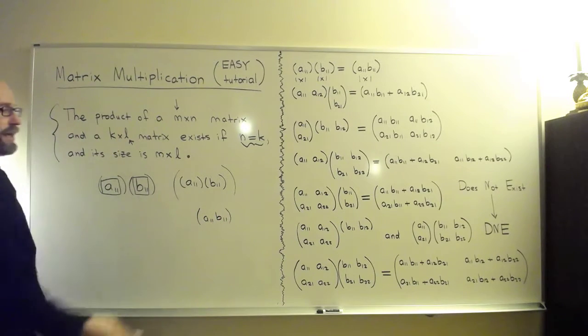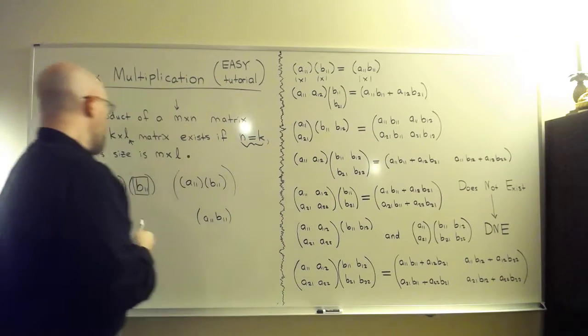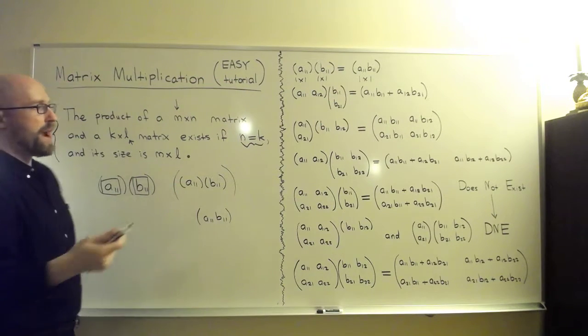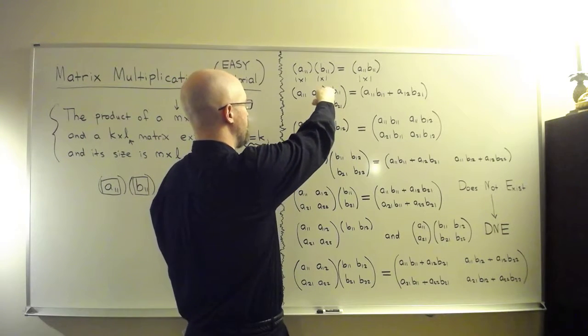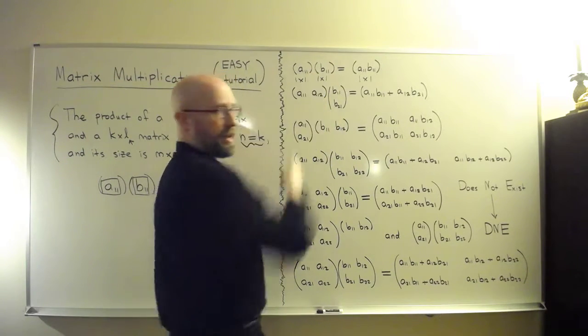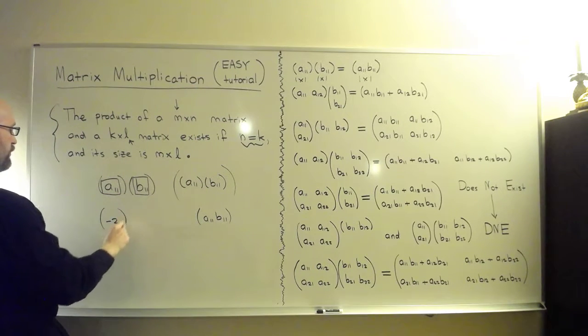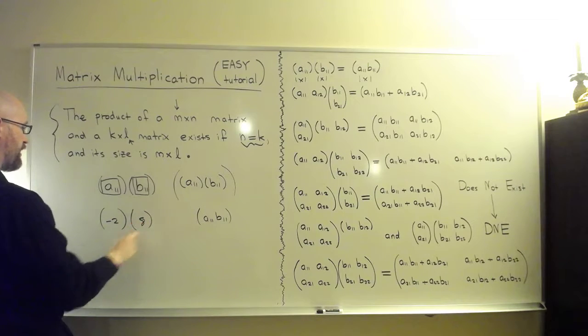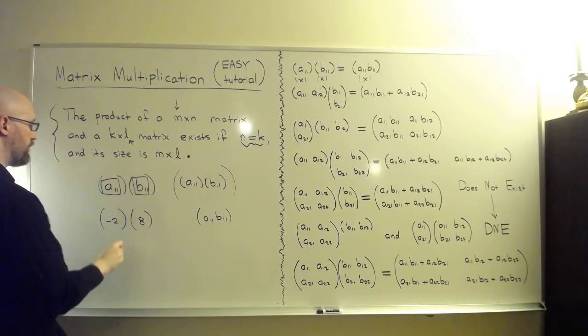Now, why am I complicating this by writing these letters with these numbers underneath them? Well, it's because the numbers are telling you where in the matrix each of those entries lives. These just stand for numbers. I mean, in this case, this could have been a -2. This could have been an 8, for example. I can't seem to draw my 8s accurately.